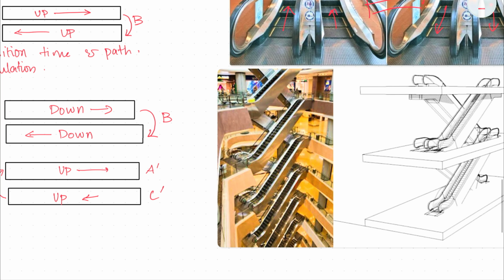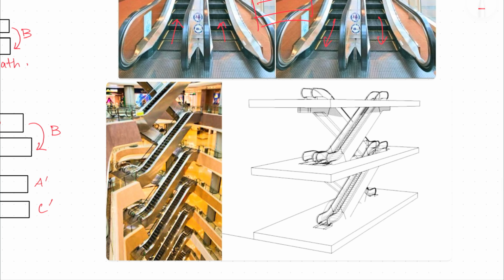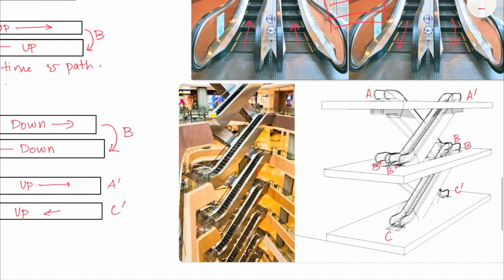So here you can see this is a crisscross example. You'll start at C dash, go to B dash, use the adjacent escalator at B dash, and go to A dash. Again, while coming down, you'll start with A, go down to B, use the adjacent escalator at B, and come down to C. So this is how it works.